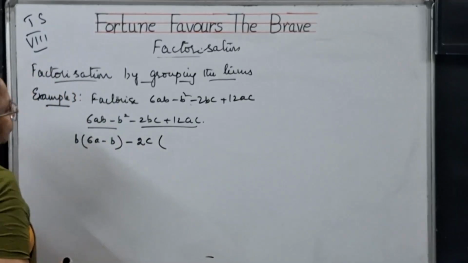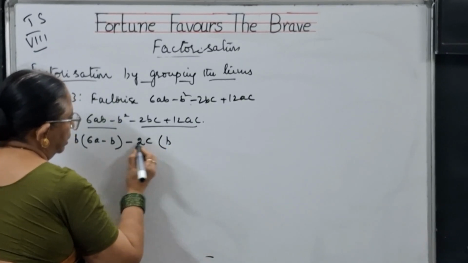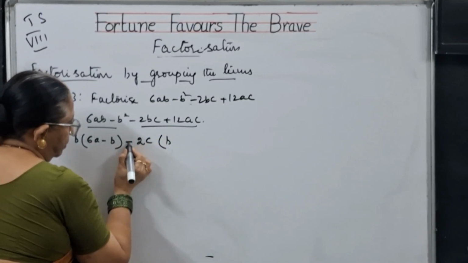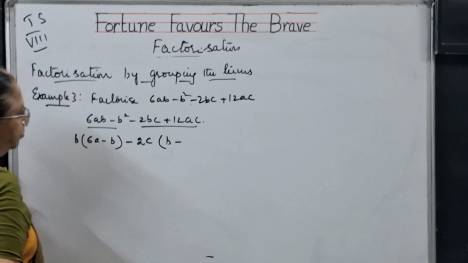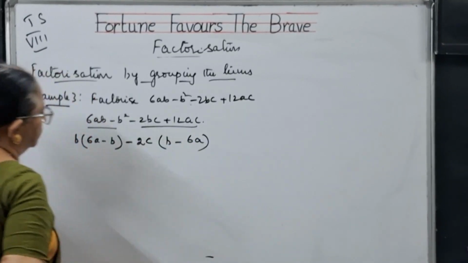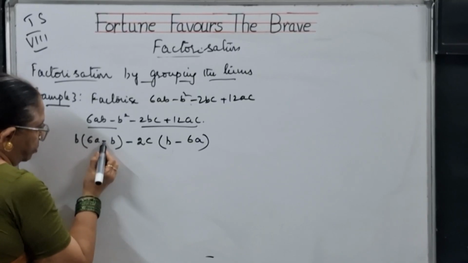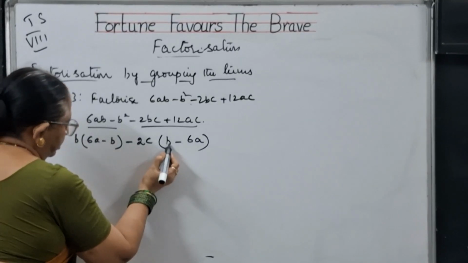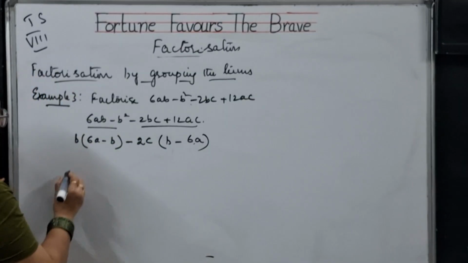If I take 2c as common, I am getting b. See, this is plus, so there is minus, so I should write minus. Minus into minus becomes plus. So here 6a has got a plus sign and b has got a minus sign. But here b is having a plus sign and 6a is having a minus sign.